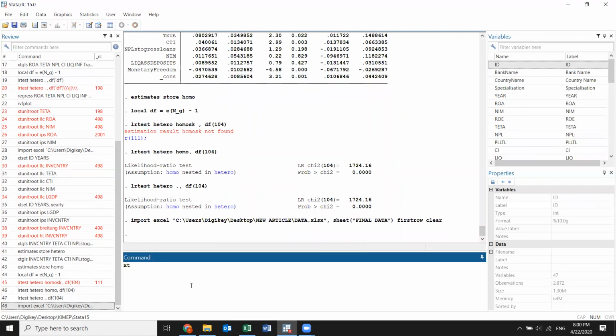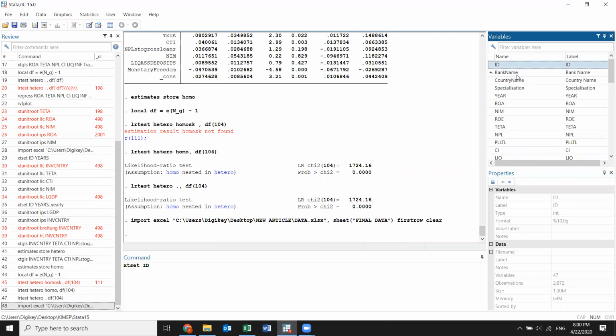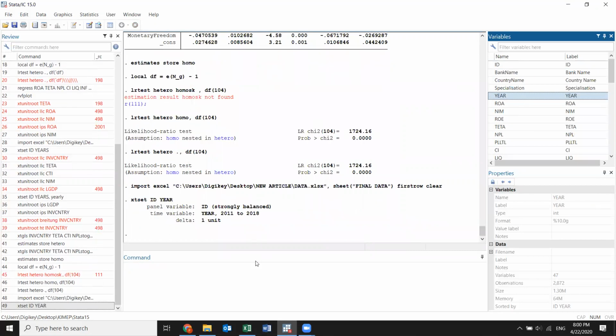I have to declare that this is the panel data. Next is set ID year. Okay, it's a panel data.